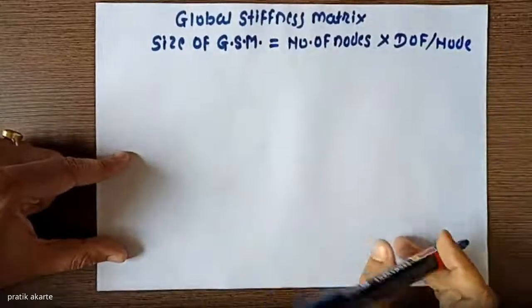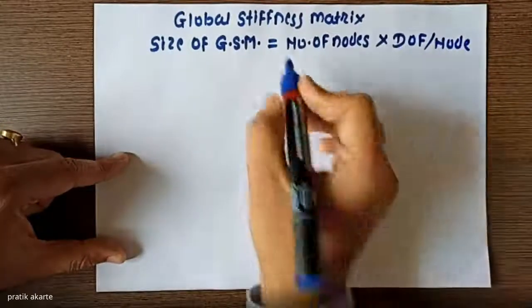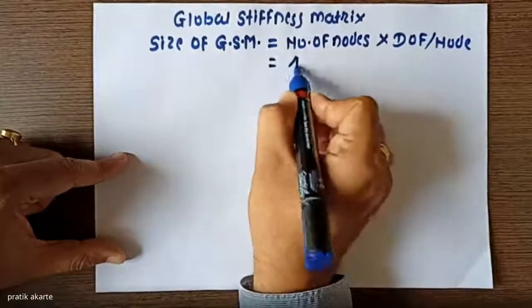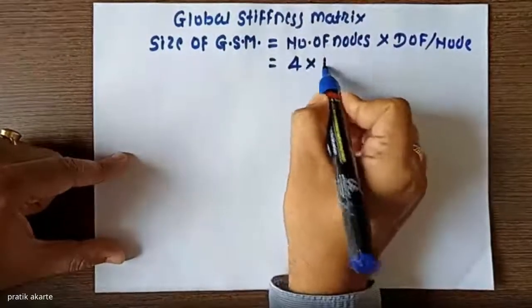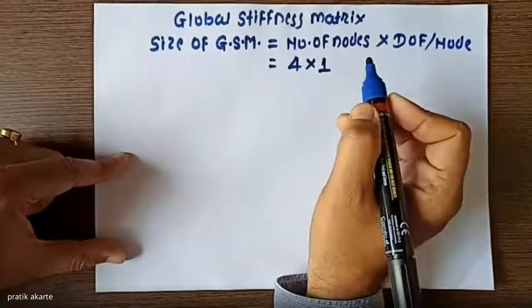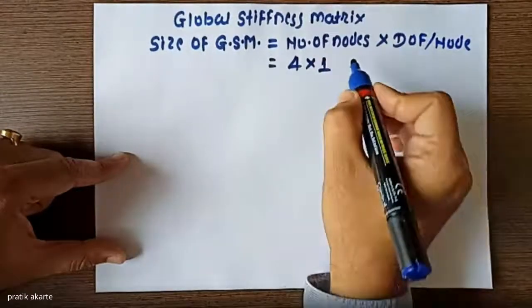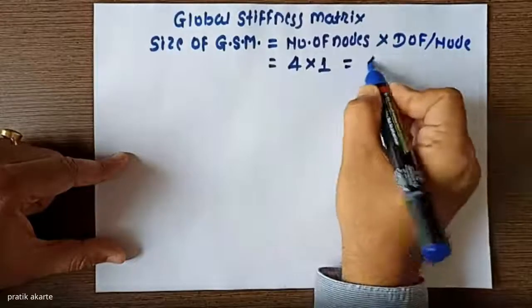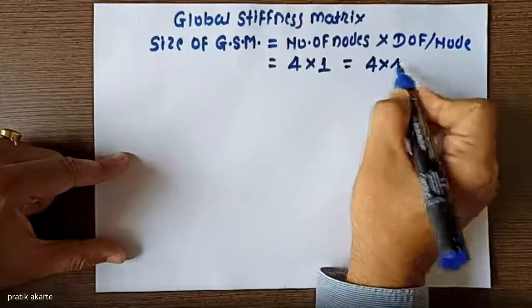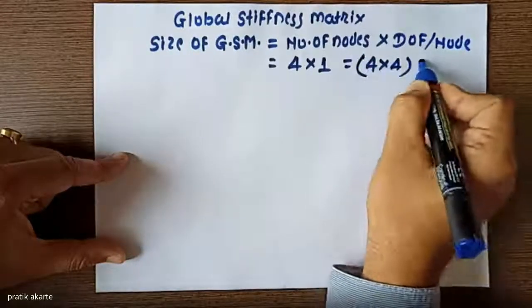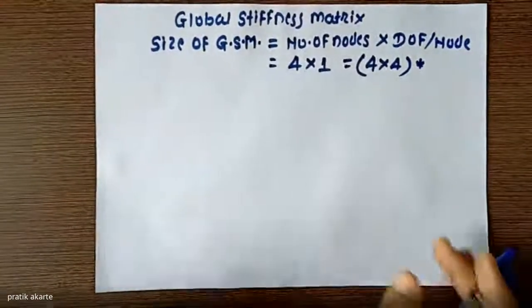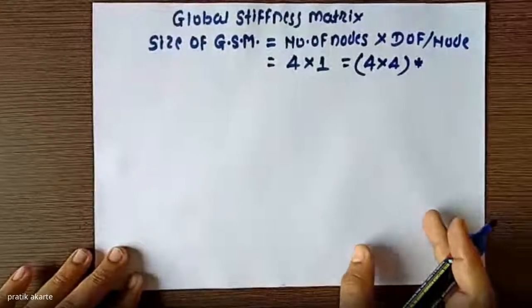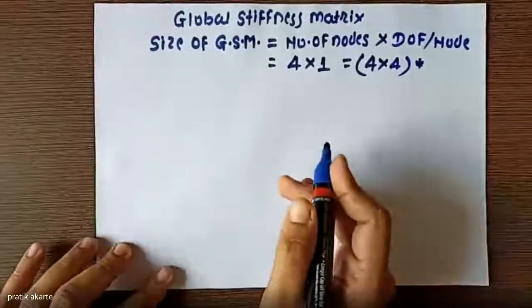Okay, so you have to pay attention to this. Now here the number of nodes are 4 and the degree of freedom per node is 1. Since this is a one dimensional problem, the size of the matrix would be 4 by 4. This is the important step you need to understand.